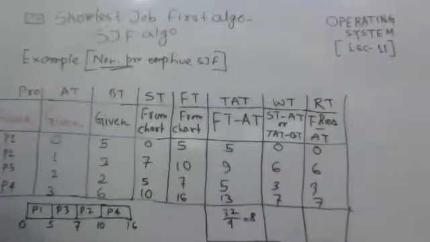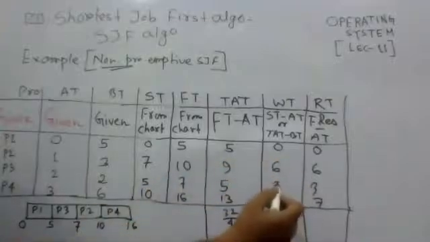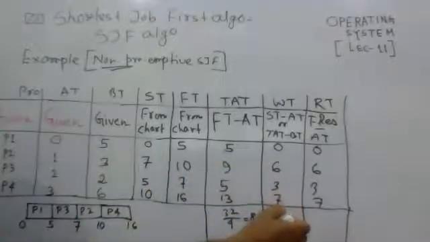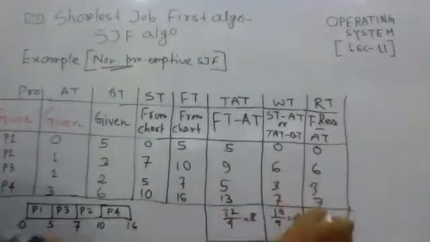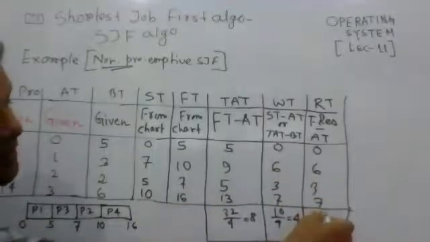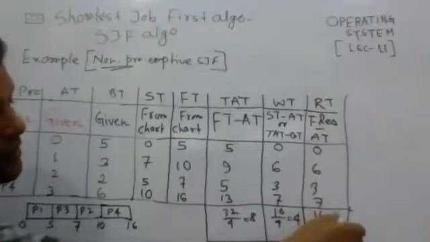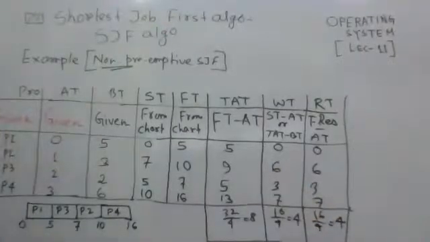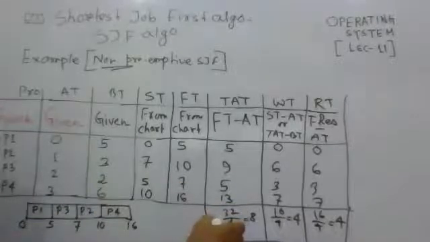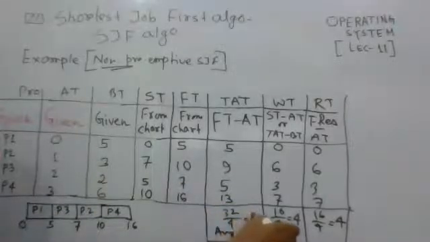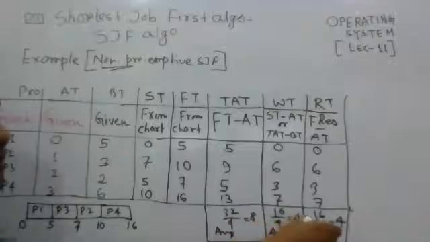In case of average waiting time, this is 7 plus 3 plus 6, that is 16 by 4, which is nothing but 4. And the average response time should also be 16 by 4, which is also 4. So these are the average values.